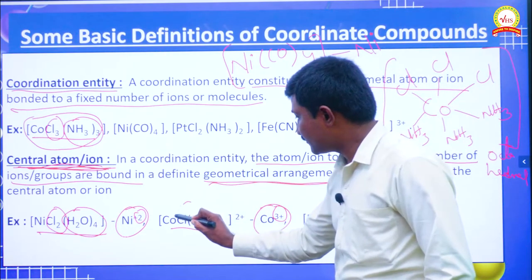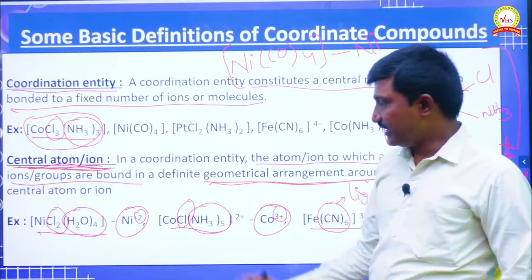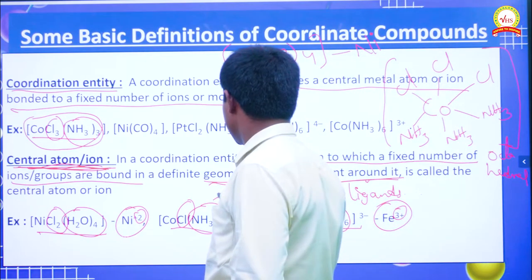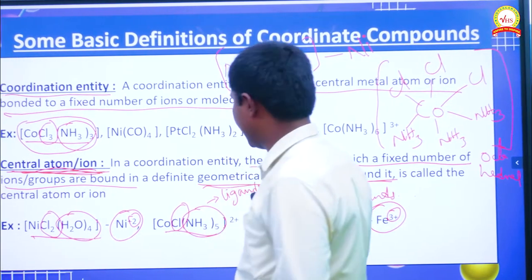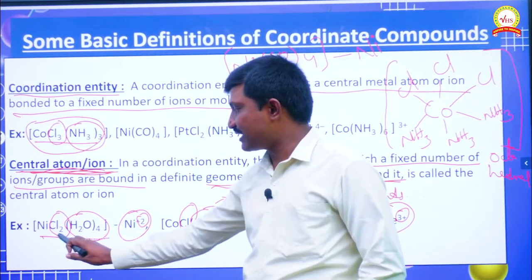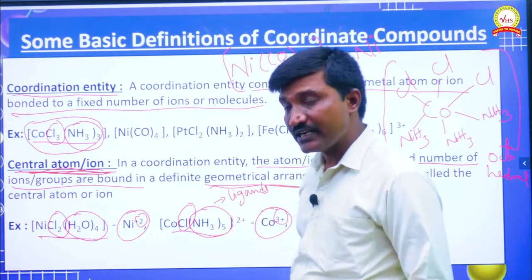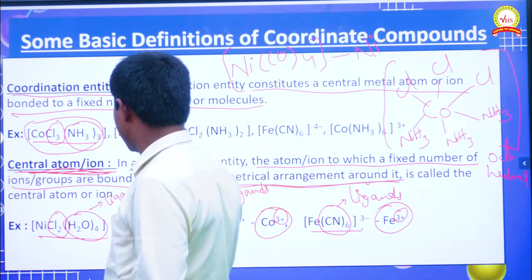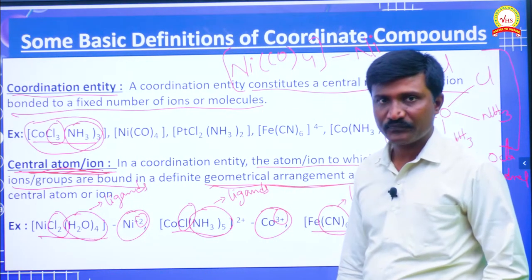Here also, 1 chlorine anion and 5 ammonia molecules are going to bind with cobalt, so these also we call ligands. Now in this, 4 water molecules and 2 chlorines are present. These 4 water molecules and 2 chlorines we collectively call ligands.